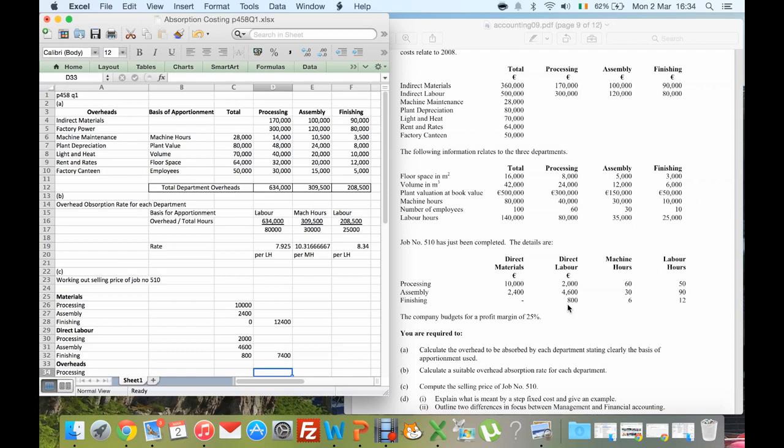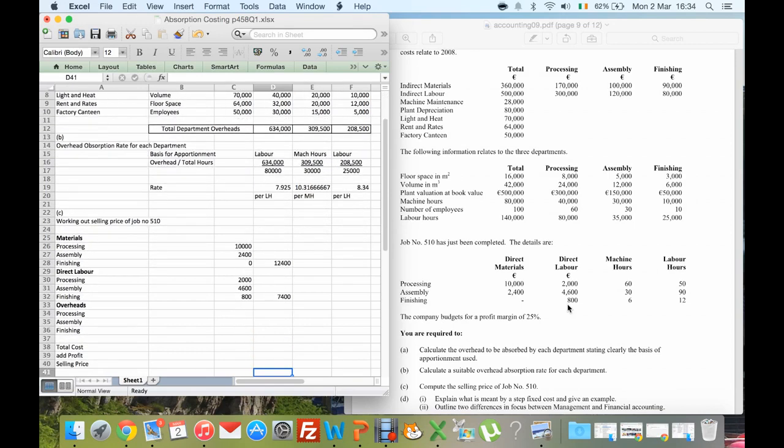Okay, so this is where we start to come to the tricky bit, the overheads. We have our overhead absorption rates above. So when I'm charging anyone for a job that comes in, I need to know how many labour hours I'm going to have in the processing department, and whatever number of hours multiplied by the rate will give the share of the overheads that has to go to this particular job for that particular department.